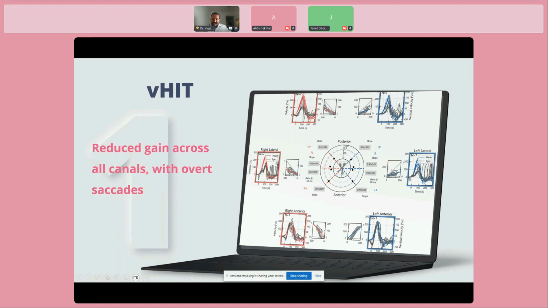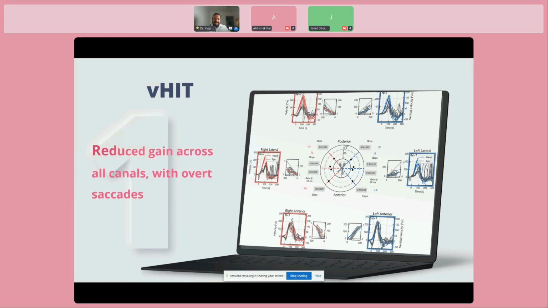And you can still see some saccades here, right? So that is again an indication of more information. It's not only peripheral, but if you're looking at these saccades, it also indicates that it's uncompensated, the patient is not compensated yet.